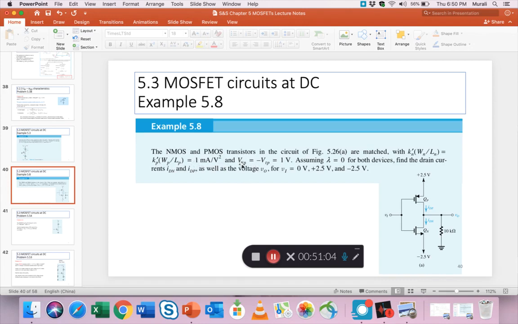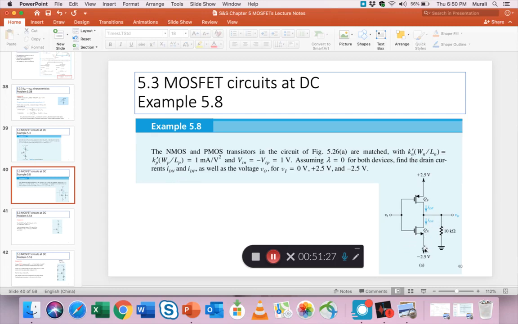Also, the threshold voltages VTN and VTP are also 1. Assuming everything is identical, and that we can safely ignore the channel length modulation effect, find the drain currents IDN and IDP.